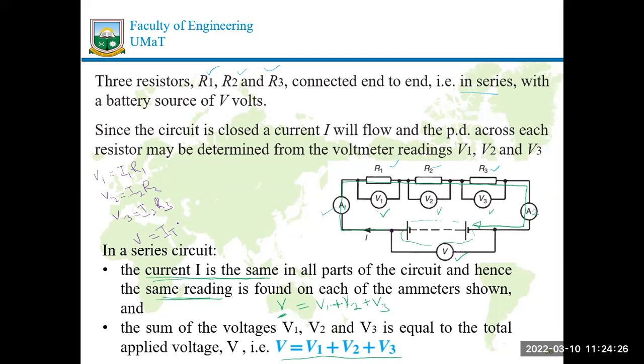Then V is equal to IT, the total current, which is actually the same current flowing through that cell. If I know the cell's resistance, we can give it an R cell. But in case this cell resistance is not known, we can call it RT, the total resistance in the circuit.